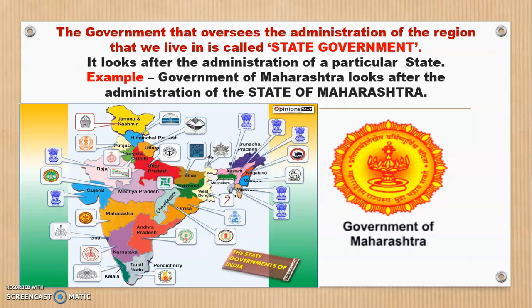The symbol of Maharashtra, the state government power, is shown with the lamp. Now, what does the state government do? The state government looks after the administration of that particular state. For example, the Maharashtra government looks after the administration and welfare of the state of Maharashtra. So this is how federalism or the federal government works. You can see different states have different governments which look after their administration.